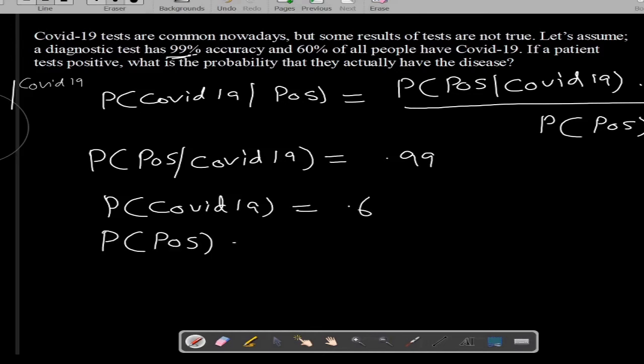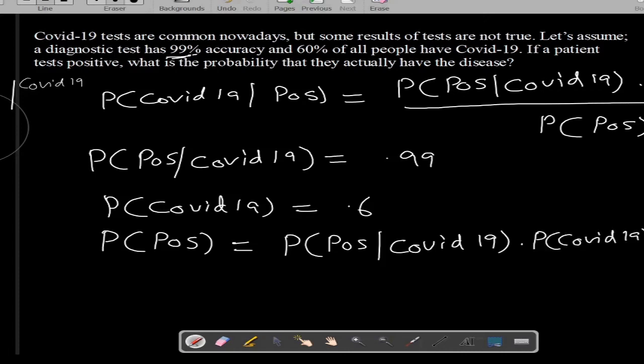Now the probability of a positive test is equal to the probability of a positive test given the patient is actually affected by COVID-19 and has been tested positive, times the probability of COVID-19 in a patient, plus the probability of a positive test in a patient who doesn't have COVID-19 times the probability that a patient doesn't have COVID-19 in the entire population.